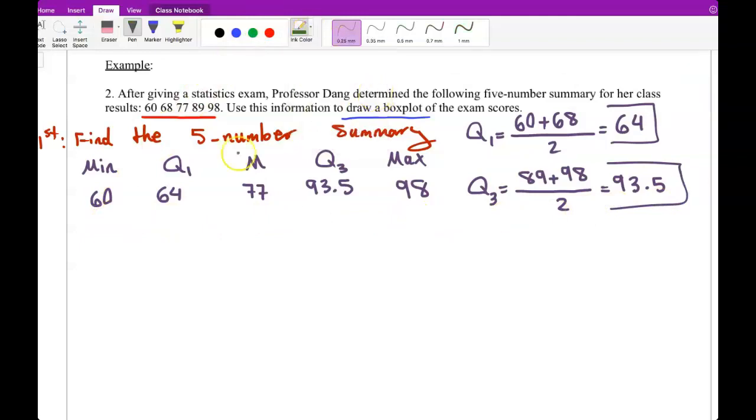Now second step. Find the fences. For that we're finding interquartile range first.